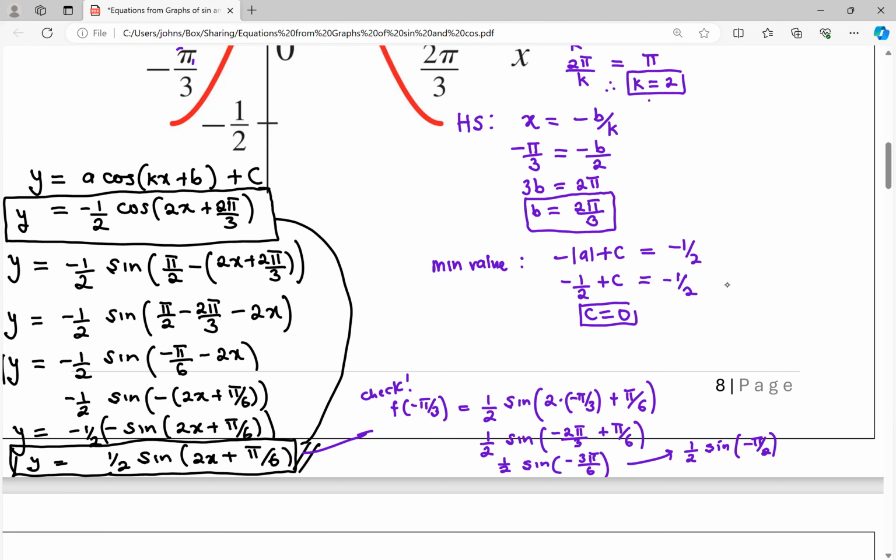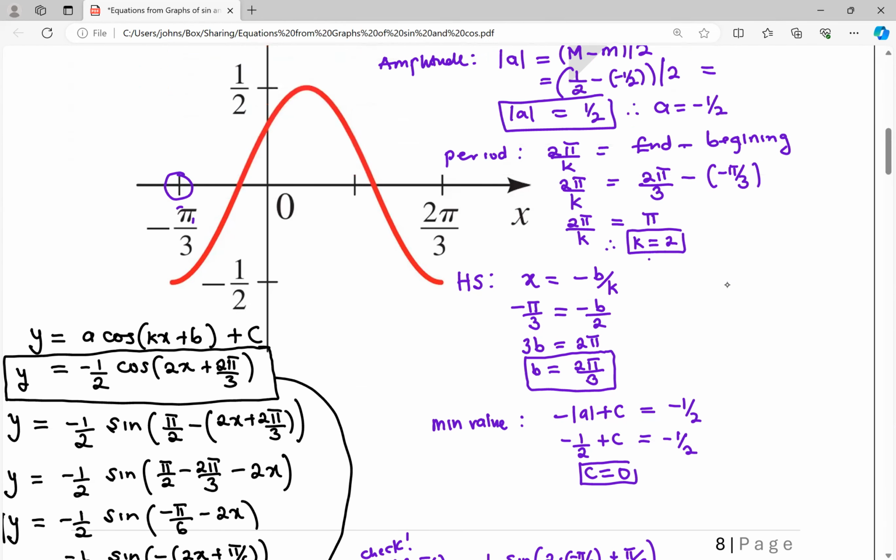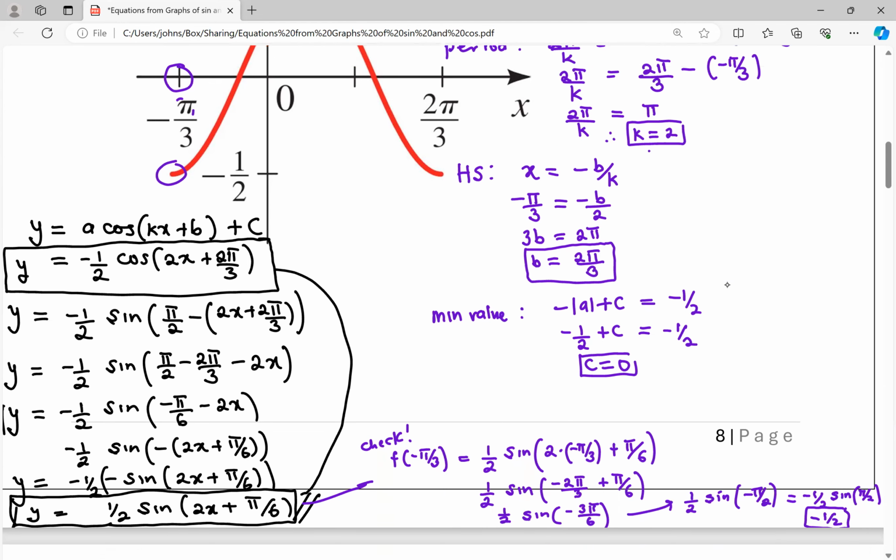Minus pi over 2, right? But we know that sine is odd, so the minus can come outside. This is just going to be minus half, then sine pi over 2, correct? But what is sine pi over 2, which is sine 90? It is 1. So you have 1 times minus half, which is just minus half. And that is what we expect, because at minus pi over 3, the value of y is minus half. So it means that we're fine.